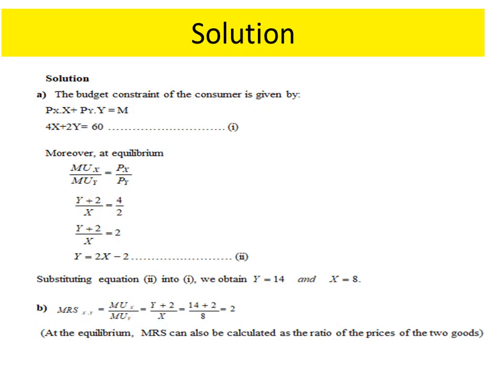At equilibrium, the marginal rate of substitution can also be calculated as the ratio of the prices of the two goods. This is how we can calculate using both equations.